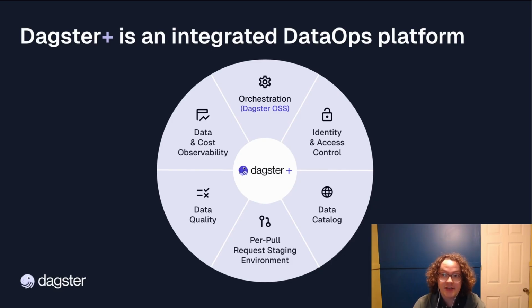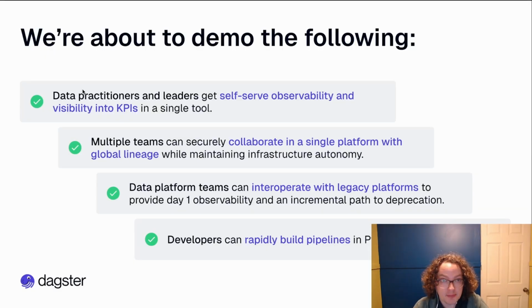Dagster Plus is an integrated DataOps platform that includes the orchestration engine in Dagster open source and also has data and cost observability, data quality, per pull request environment, staging environments, a data catalog, identity and access control, all baked into one holistic platform. And today I'm going to be walking you through that platform.